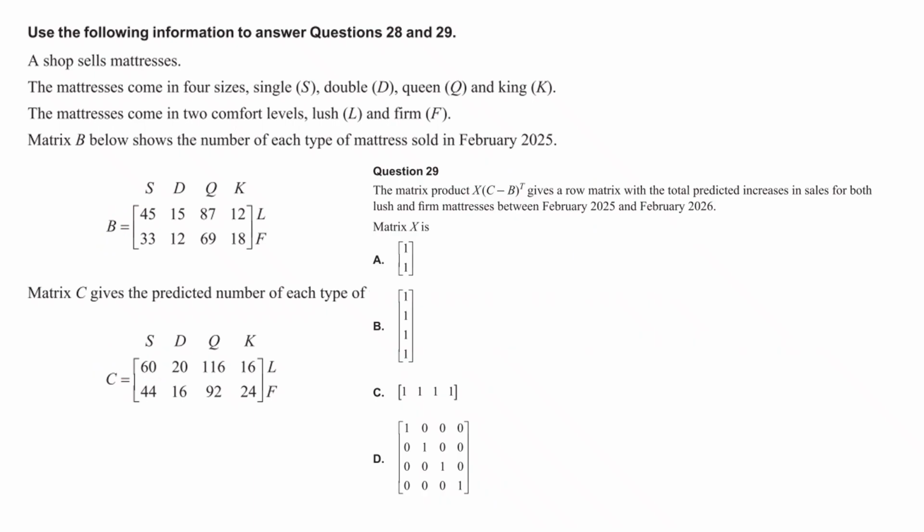Now what we want here is this matrix product that will give a total for L and F. So basically we know the answer we need: it's going to be 1 by 2, because it is a row matrix. This is a 2 by 4, and this is a 2 by 4. So C minus B is also a 2 by 4, but C minus B transpose is a 4 by 2.